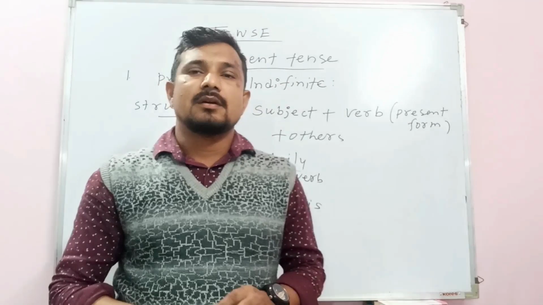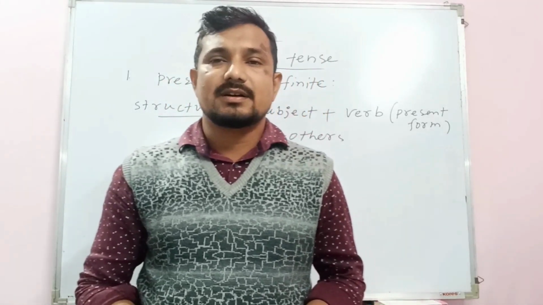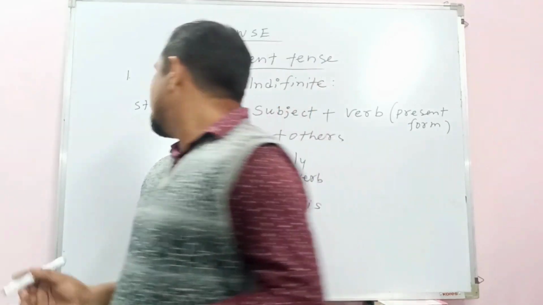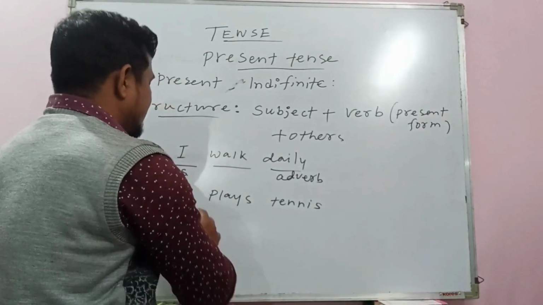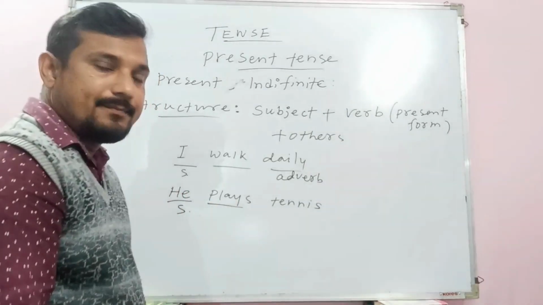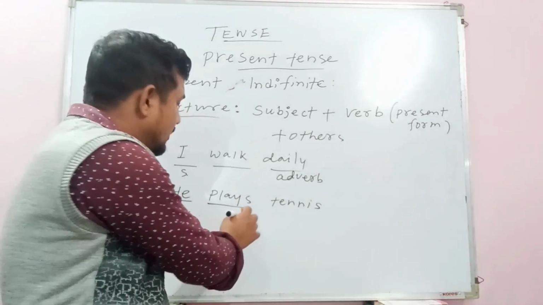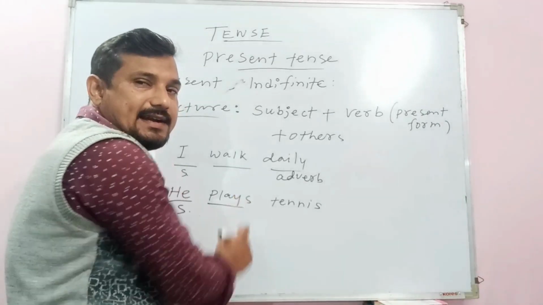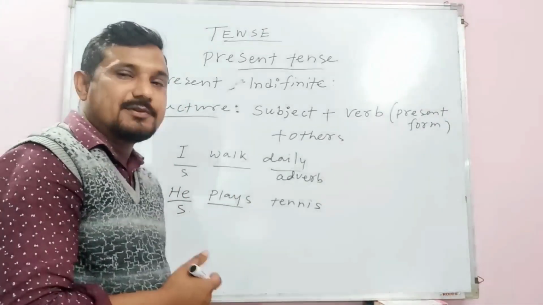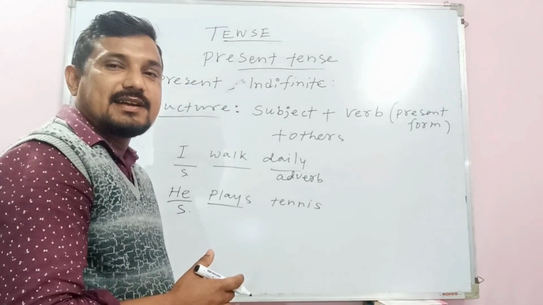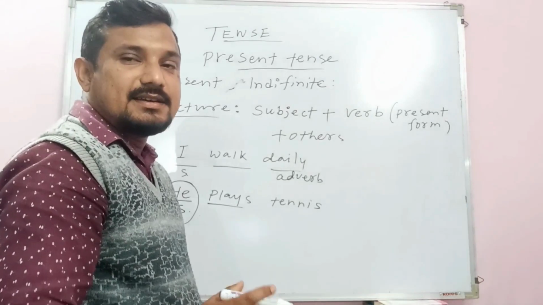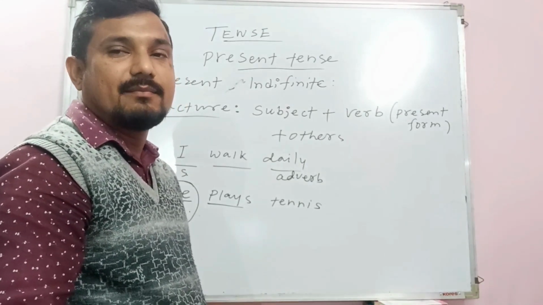For example, we go to market, we work every morning, etc. So, in the second sentence, the subject is he, then the verb play. With this verb, we see s is added. Why is s added here? Can you tell me?